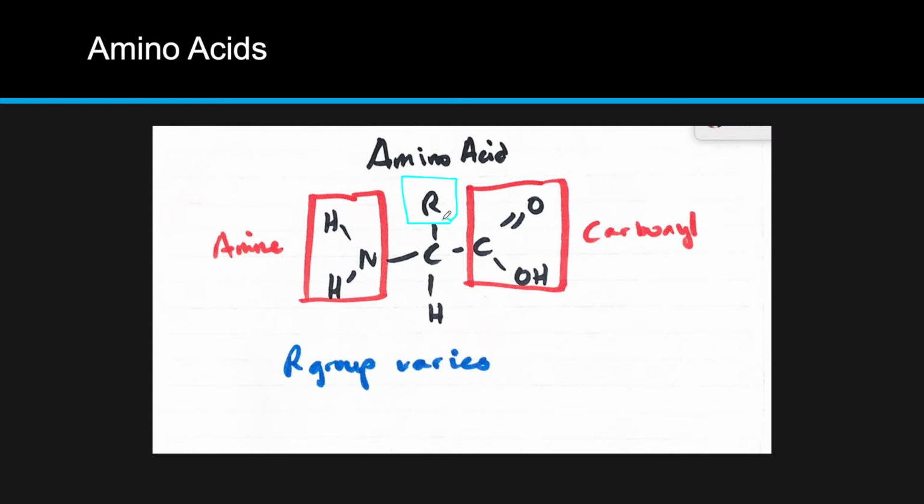For now, what you need to know is the R group can be polar, it can be non-polar, it can have a positive charge, it can have a negative charge. Every single amino acid is coded by a different genetic sequence of bases, but that'll be covered in a later topic when it comes to the central dogma of biology.